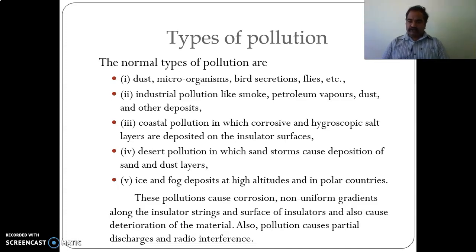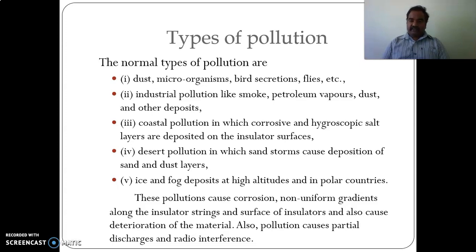In all these types of pollutions, there are different materials which are being settled on the surface of the insulators. These depositions on the surface of the insulators may cause corrosion and non-uniform gradients along the insulator strings and surface of the insulators, and they may also sometimes cause deterioration of the material.